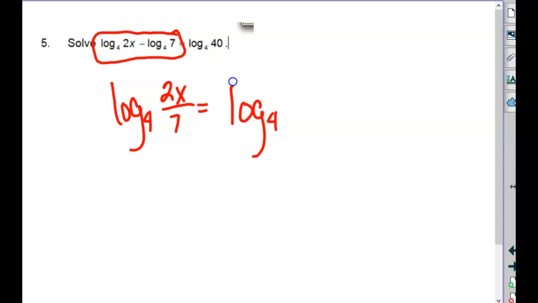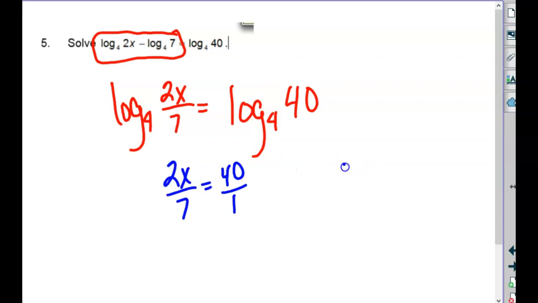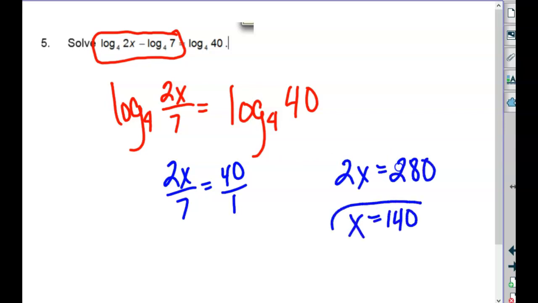This one equals log base 4 of 40, so now because we have 2 logs, one on each side, same base, we can do what? Yeah, we just have 2x over 7 has to equal 40. If I cross multiply that, I get 2x equals 7 times 40, or 280. x equals 140. Anybody?